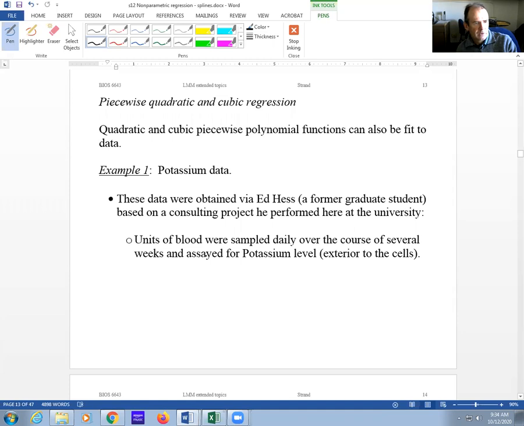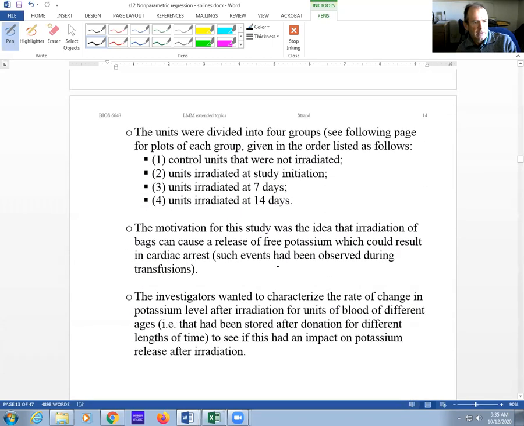When he started working in the VA, he got this data set related to potassium. Basically, units of blood were sampled daily over the course of several weeks and assayed for potassium level. And what they did was they irradiated the samples. And what that did was it released free potassium.